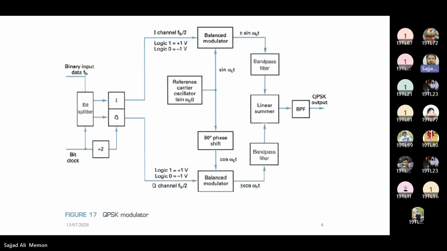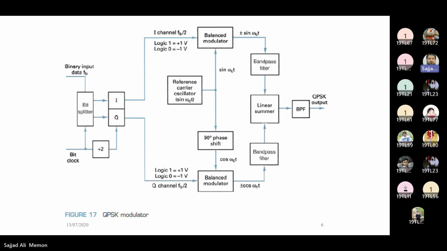As you can see, one channel is multiplied in the balanced modulator, that is the product modulator basically, with sine omega ct. The other component, the Q channel, that we call the quadrature, has a 90 degree phase shift. After the 90 degree phase shift, we have cos omega ct.